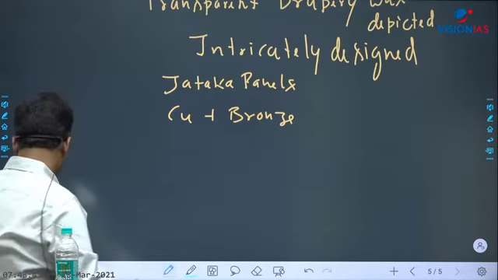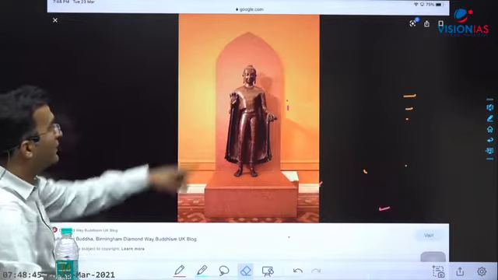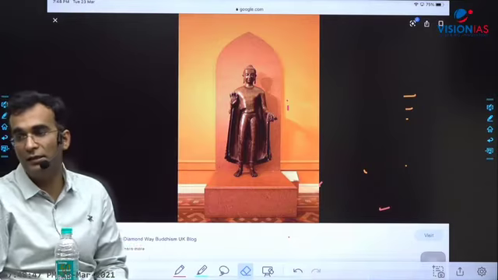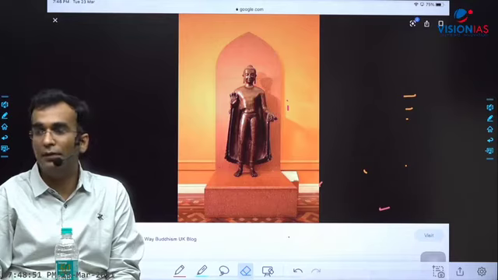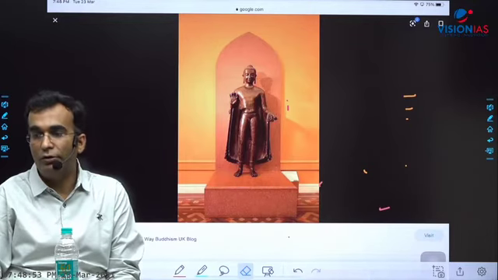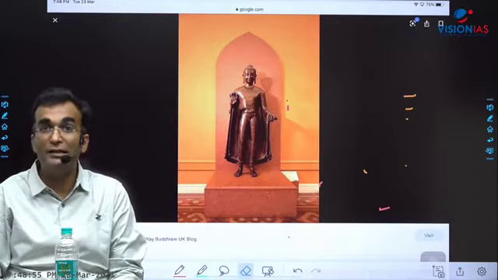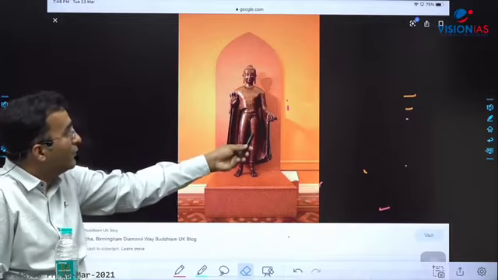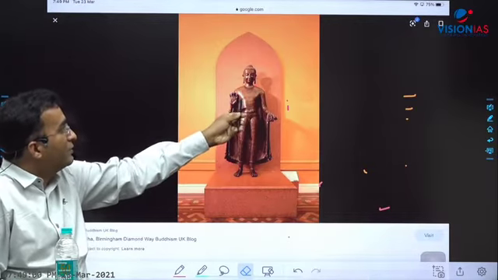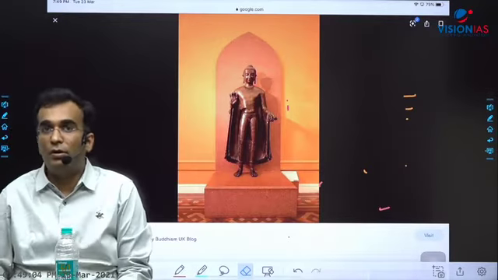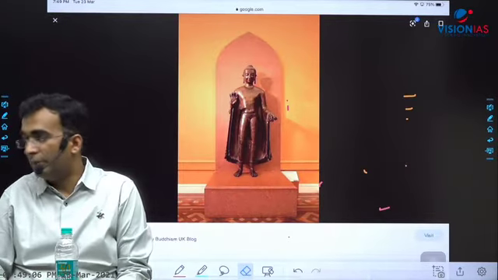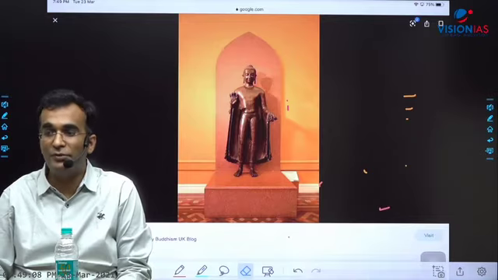It is created in metal and it is the Sarnath style. In metal a few things changed: there was no halo and a few more things. But transparent drapery, you can see that here also his upper chest is visible. Transparent drapery is there. So this is all about the Sarnath school of sculpture.